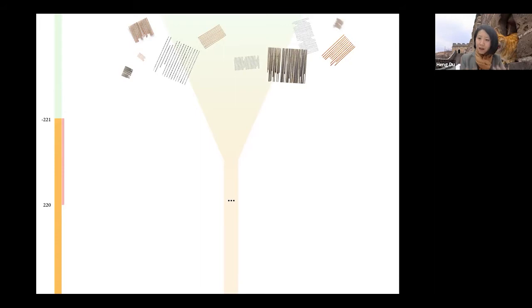These discoveries confirmed what some scholars have already noticed just by looking at the received corpus, namely that instead of thinking of this as a neat history of author after author, textual production in the pre-imperial period is more like a circulation of all these texts that are in many ways in flux, right?